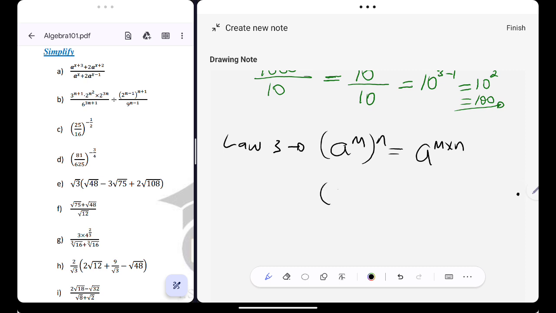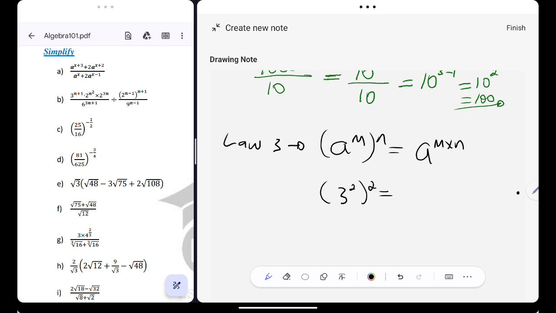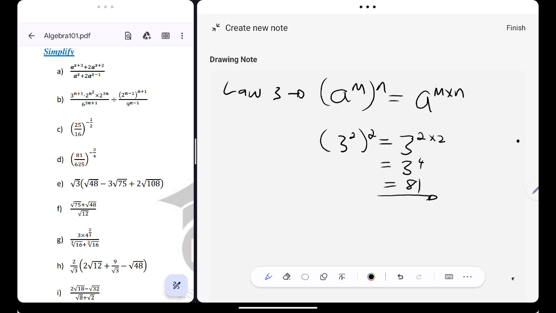For example, if you have 3 squared all squared, it is the same as saying 3 to the power 2 times 2, which is 3 to the 4, and 3 to the 4 is 81.